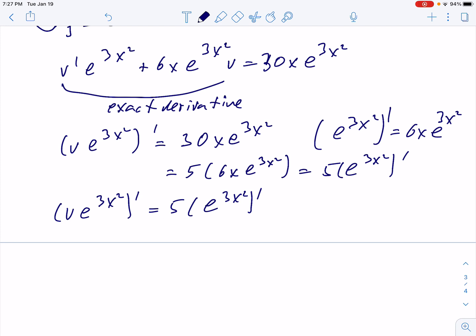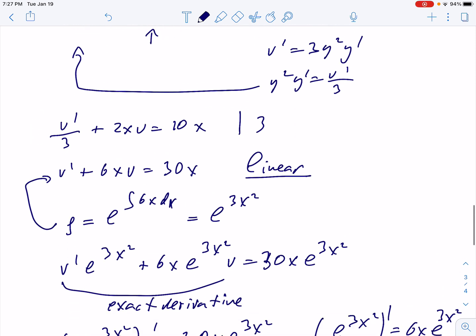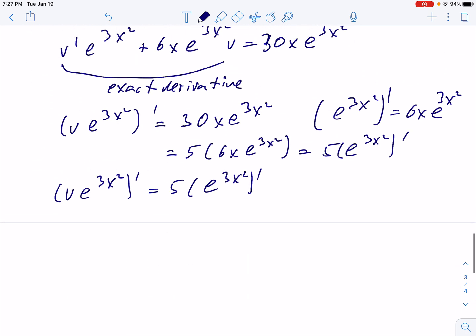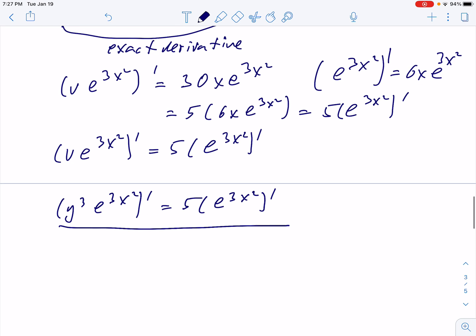I can even return to the original function right here. Remember, v is y cubed, so let's replace it here. Y cubed exponential 3x squared, all this prime, equals 5 times exponential 3x squared prime. This is our original equation, written in a very special form, very convenient for integration.